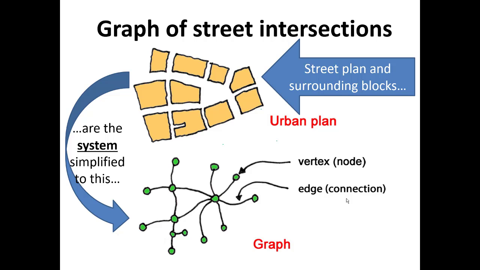Anyway, that urban plan can then be simplified into this funky looking graph beneath it, where each green point, or each node, and you'll notice over here that nodes are actually vertices. I wrongly called linkages vertices earlier. Actually, I should have said edge.